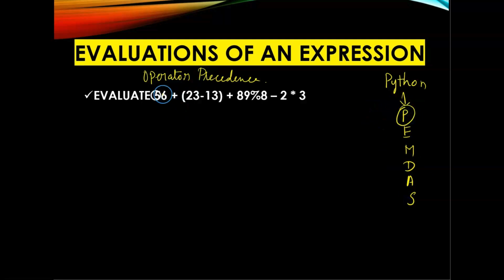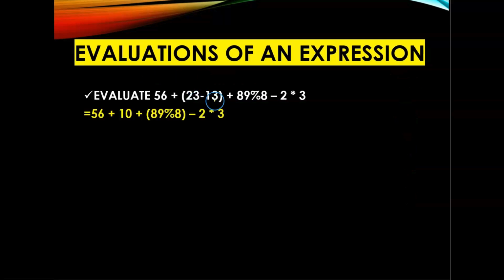First of all, you should remove this parenthesis. We have 23 minus 13 inside the parenthesis, so we calculate that first. What is 23 minus 13? It is 10, right? So 23 minus 13 gives you 10.